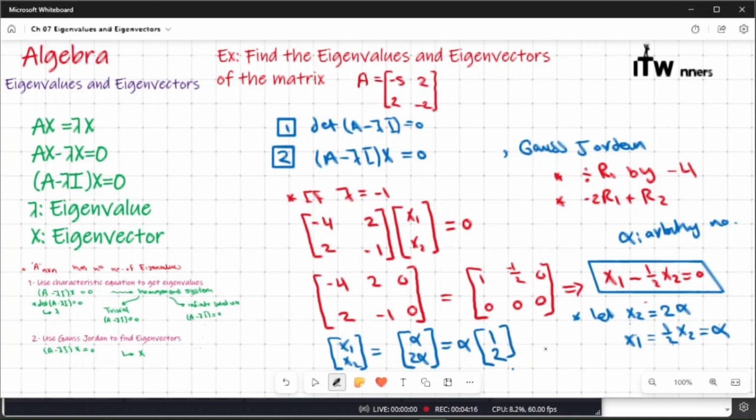Okay, so here the first eigenvector is 1, 2.